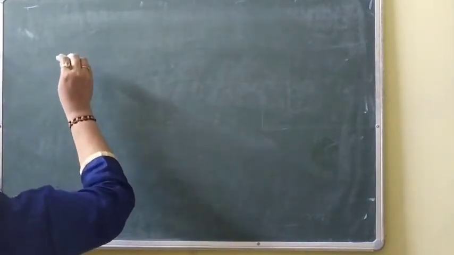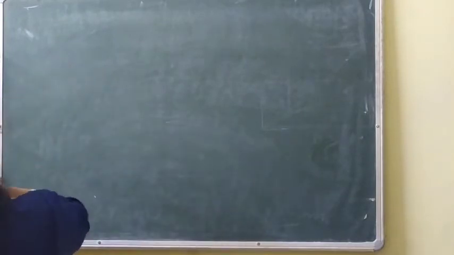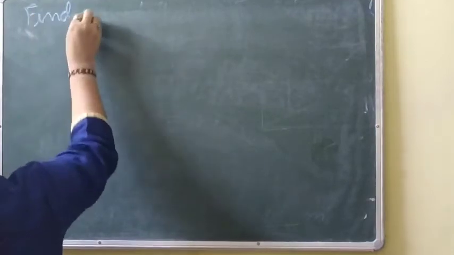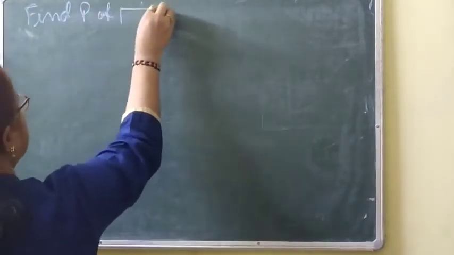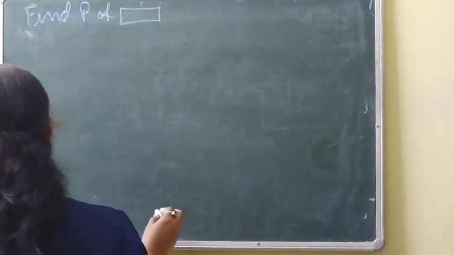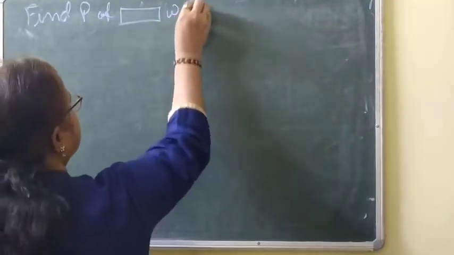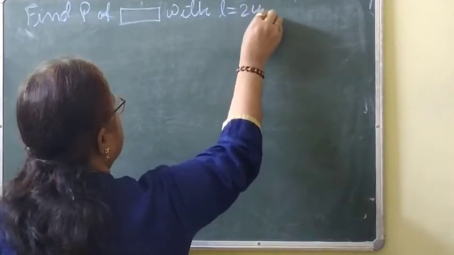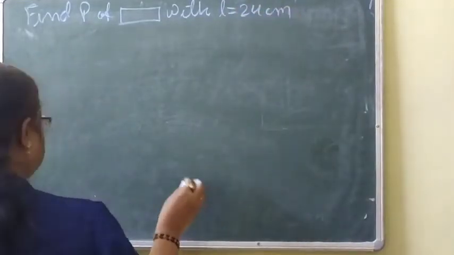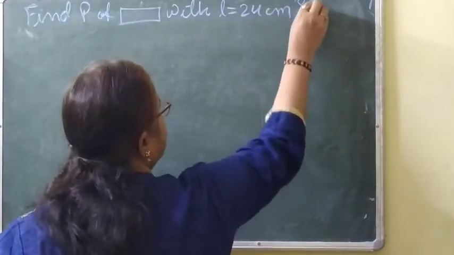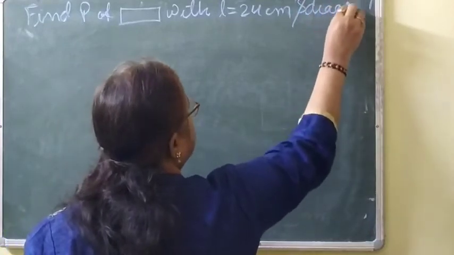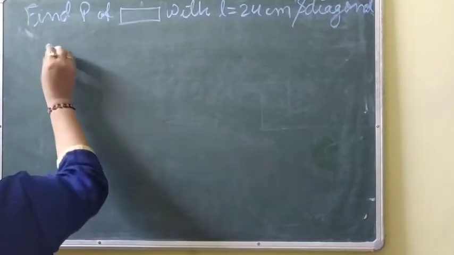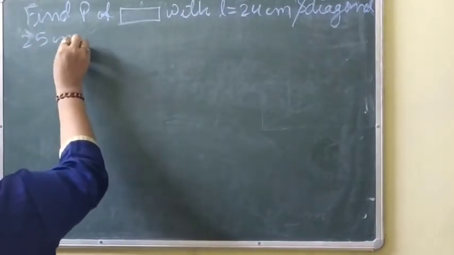Find the perimeter of a rectangle with length 24 centimeter and diagonal 25 centimeter.